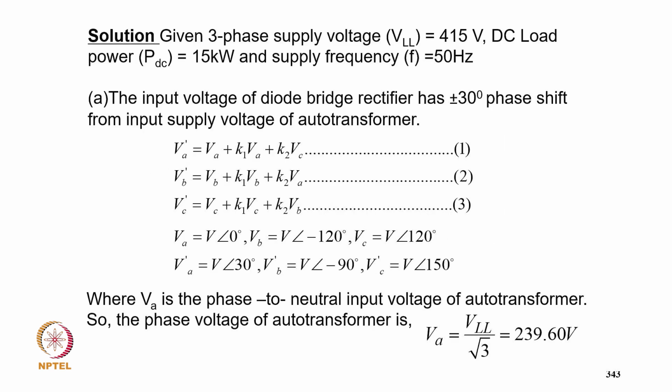Coming to the solution: given 3-phase supply voltage 415 volt, DC power 15 kilowatt and supply frequency 50 Hz. So the input voltage of the diode rectifier has a plus minus 30 degree phase shift from the input supply voltage at the transformer.